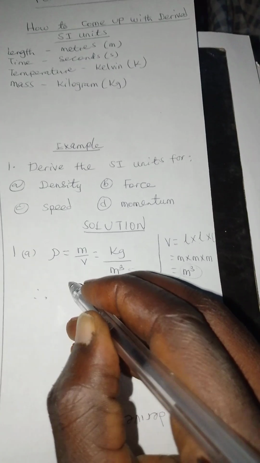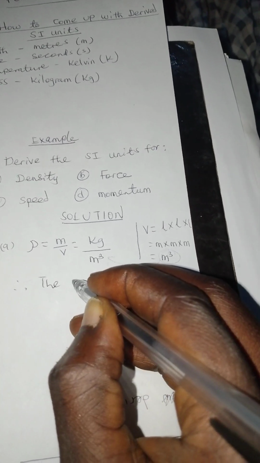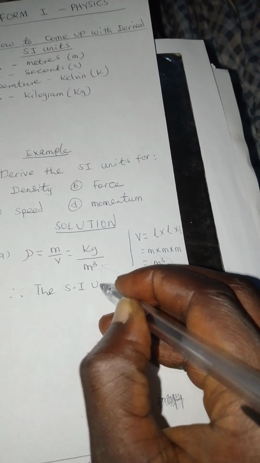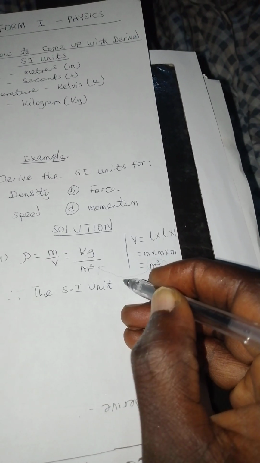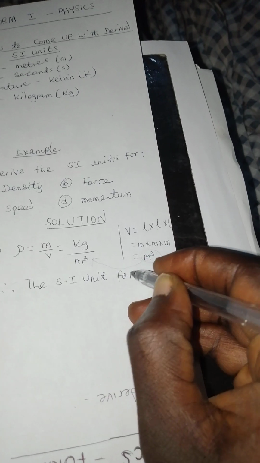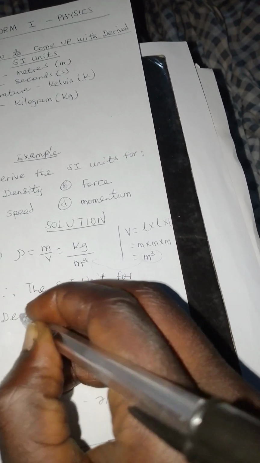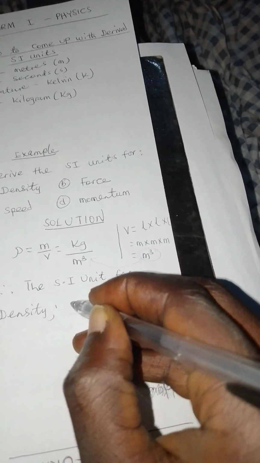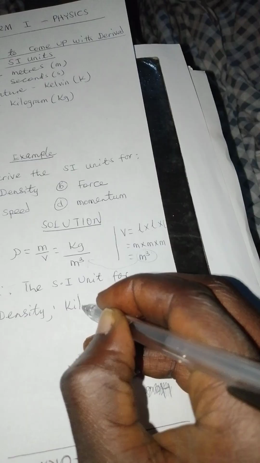So therefore the SI units for density in words will be kilogram per cubic meter.